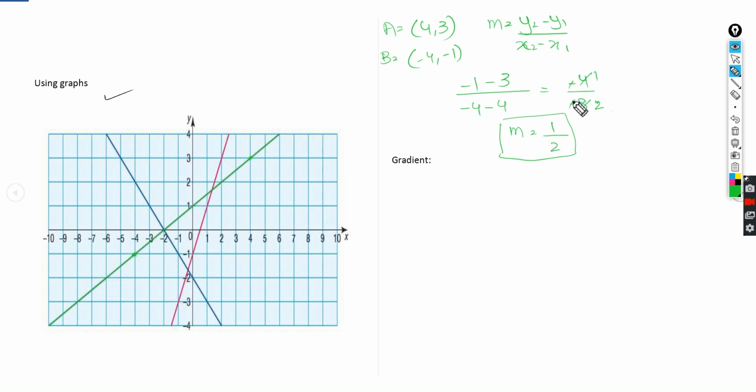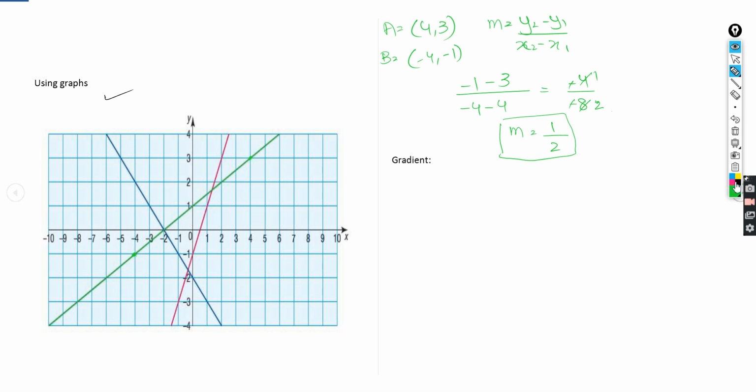First we were getting negative numbers, but when we equate it and the minuses cancel, our gradient comes out a positive number, because of which we know our gradient is absolutely correct. So m is half over here.